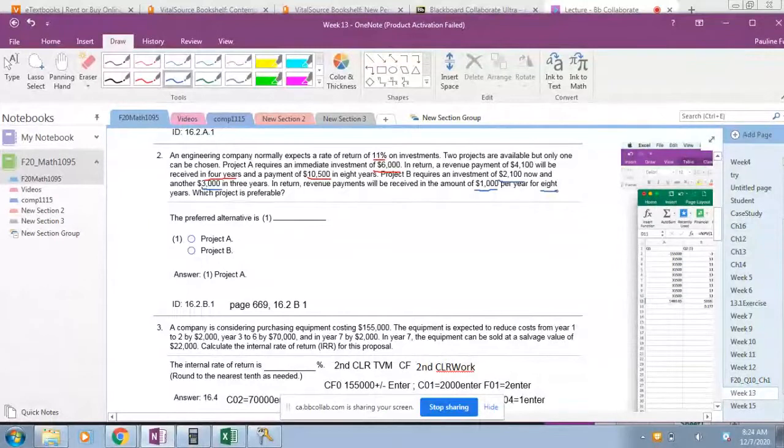So for this question, you calculate NPV. The bigger the NPV, the more preferable. So you choose the bigger value of 2 projects that has NPV, net present value.